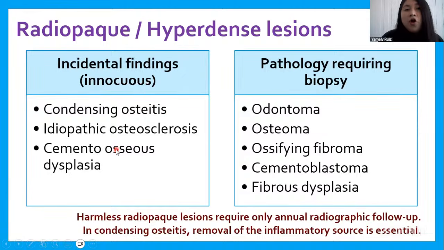Important to remember, a key point or a clue in these radiopaque or hyperdense entities is that harmless radiopaque lesions require only annual radiography as follow-up, like condensing osteitis, idiopathic osteosclerosis, or the cementoosseous dysplasia.